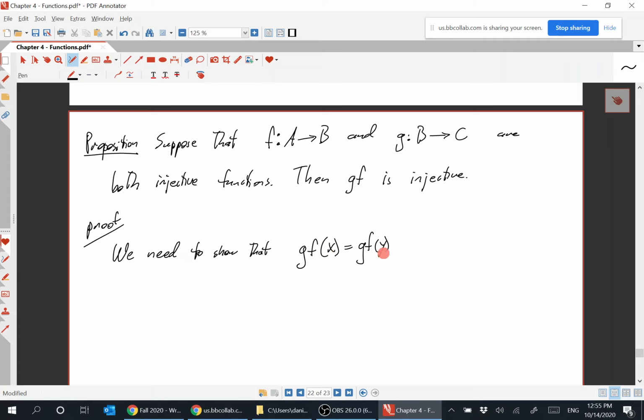If x and y are different, one-to-one functions can't do that, right? When x and y are different things in the domain, you're not supposed to have that g f x is equal to g f y.